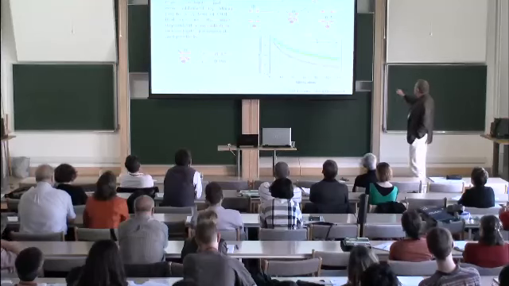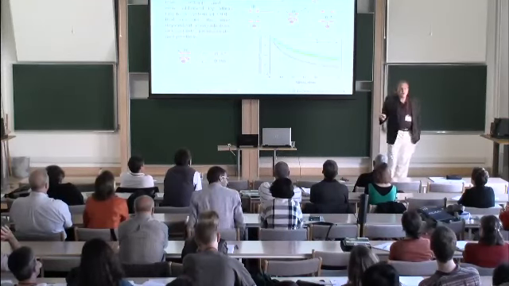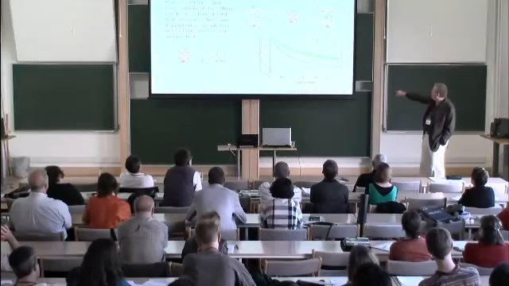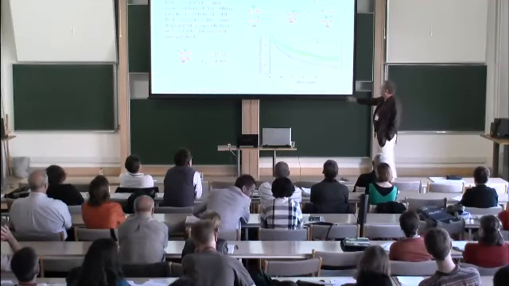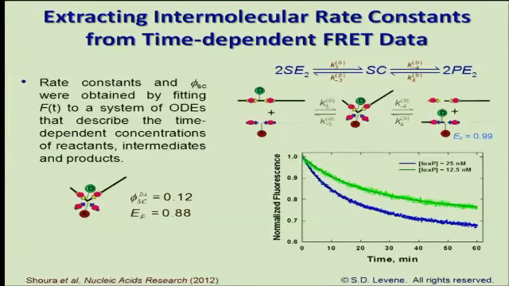And in fact, we can even extract some information about donor-acceptor distances, potentially, in the synaptic complex by measuring the apparent degree of quenching of the donor in this complex. And it turns out to be different in the intermediate than it is in the products. So we can actually measure independently in this experiment, or quasi-independently, the concentration of intermediate and product.